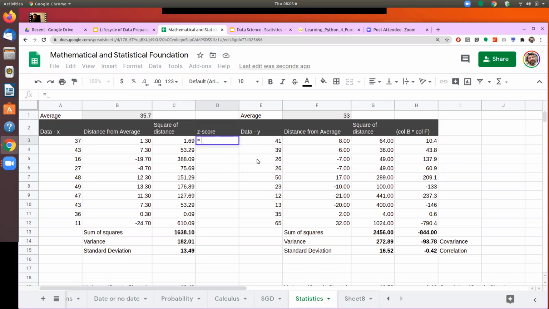So my distance from the average is 1.3, and if I divide this by the standard deviation, that is 13.9, that gives me the z-score. I need to freeze this one. Just put it down.